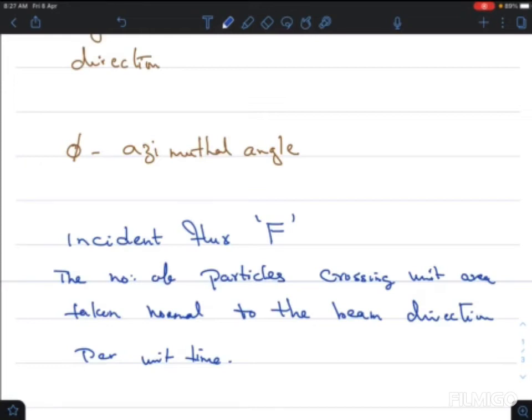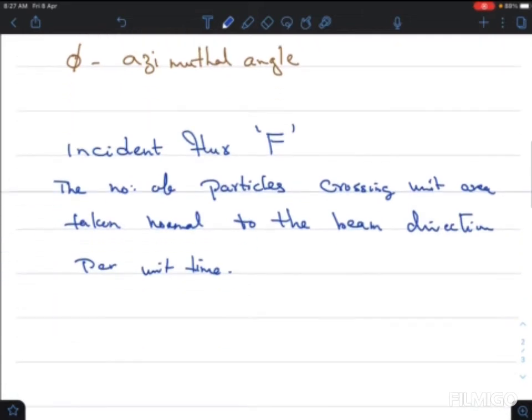So we always say that there is a steady flow of incident beam for a long time, which means that we will have a steady stream of scattered particles also.